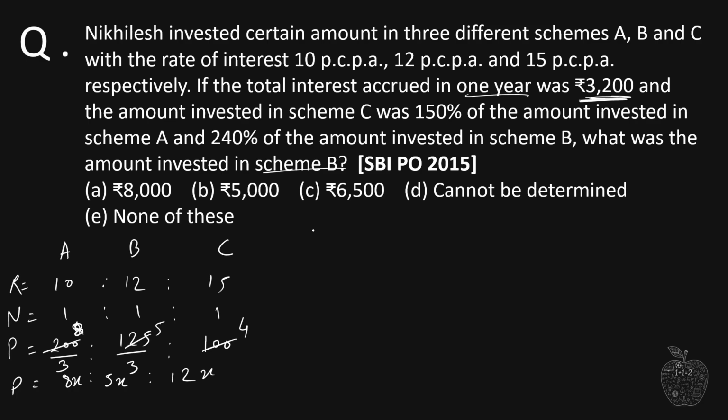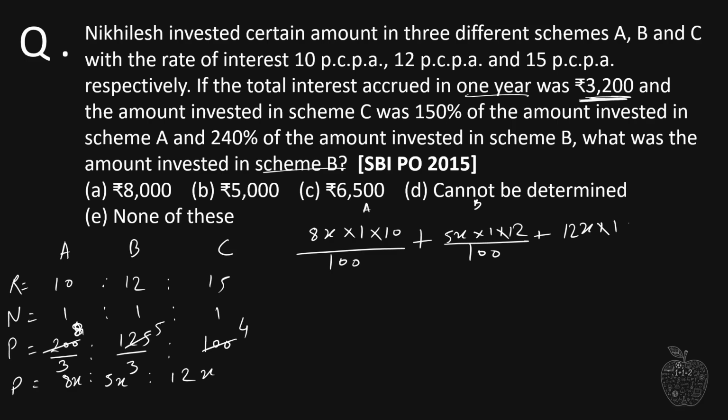So P is 8x, N is 1 and R is 10 divided by 100. This is for scheme A. For scheme B it is 5x into 1 into 12 divided by 100. This is for scheme B, plus 12x into 1 into 15 divided by 100, and this is scheme C.